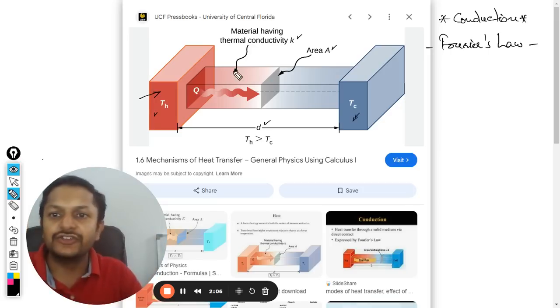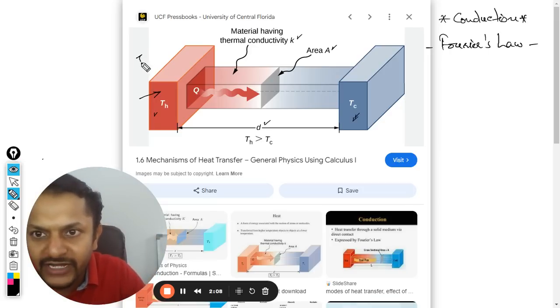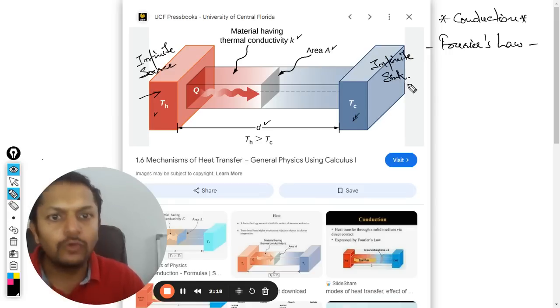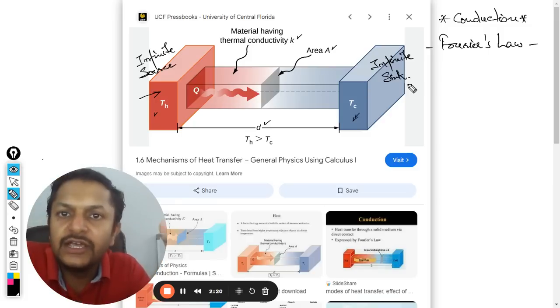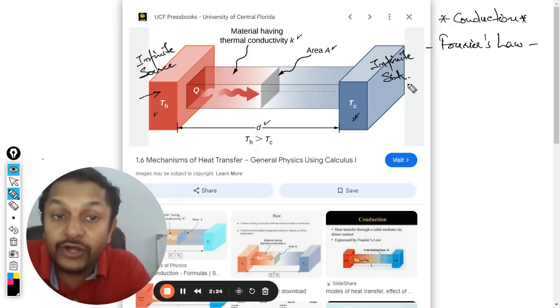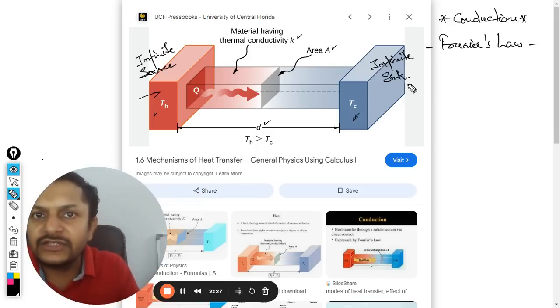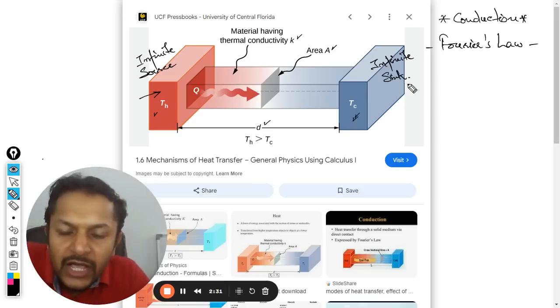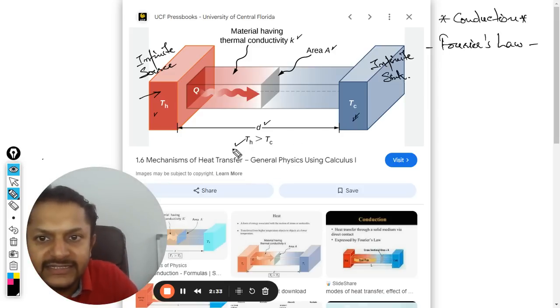Such a source is known as an infinite source, and this is known as an infinite sink, like a reservoir whose temperature never changes. TH is greater than TC.